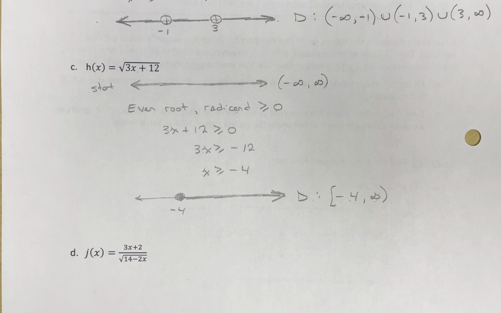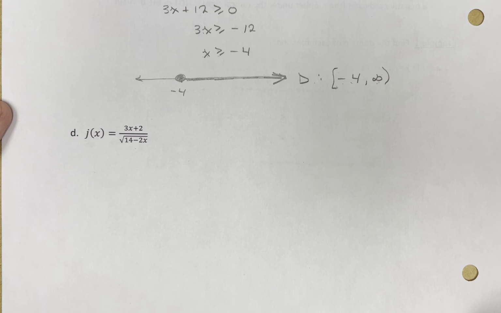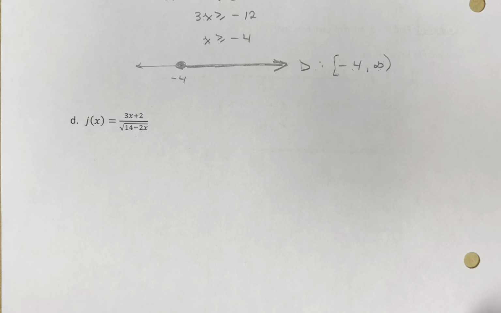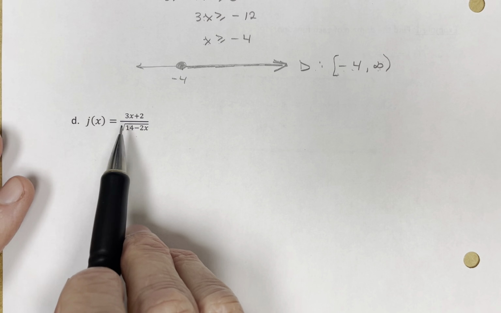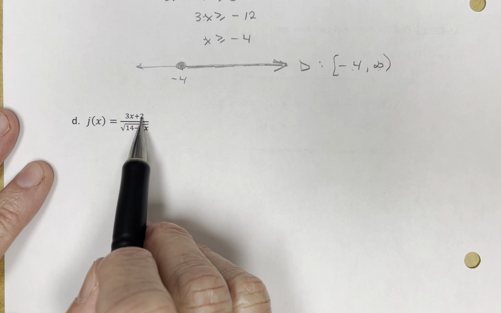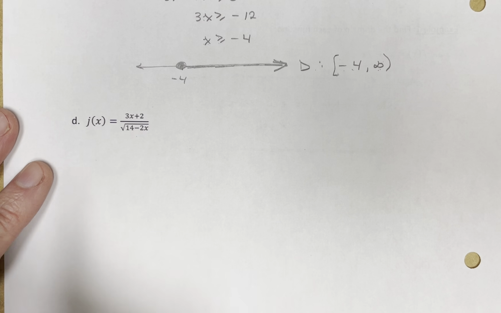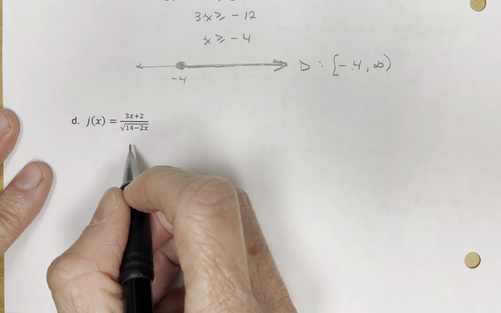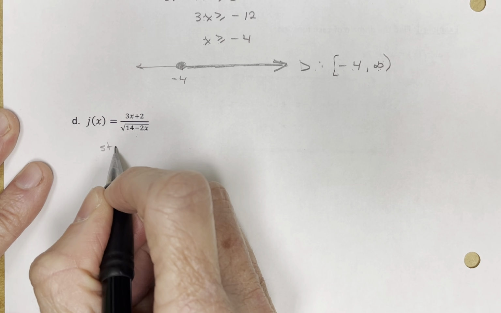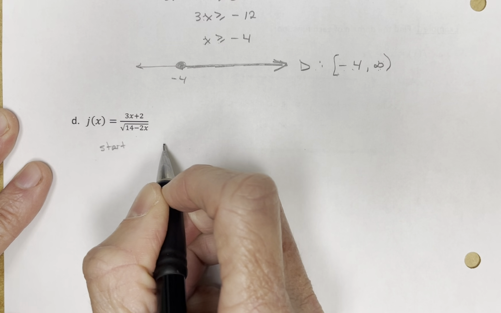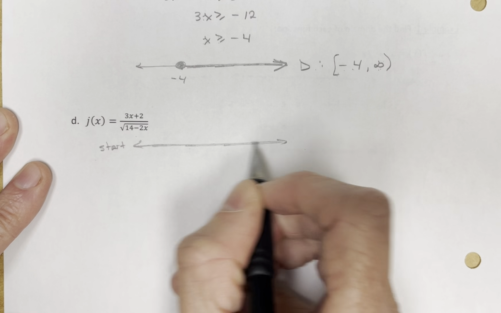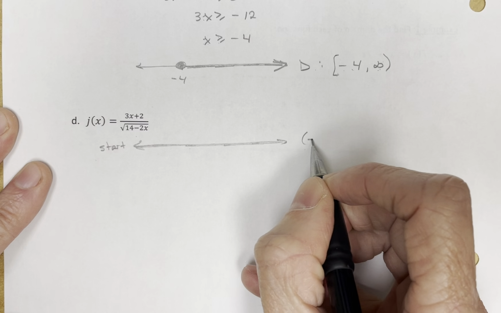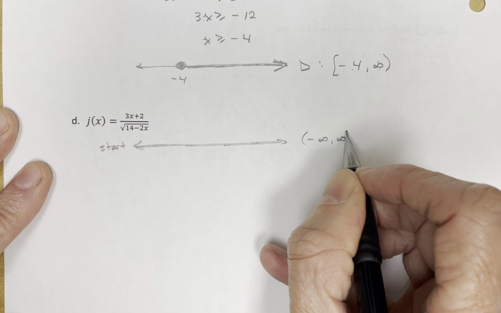Okay, let's do one more example, and let's put fractions together with radicals. Here in letter D, my function says 3x plus 2 over the square root of 14 minus 2x. Again, my thinking, I always start in my mind: it's a function, the domain is all real numbers.